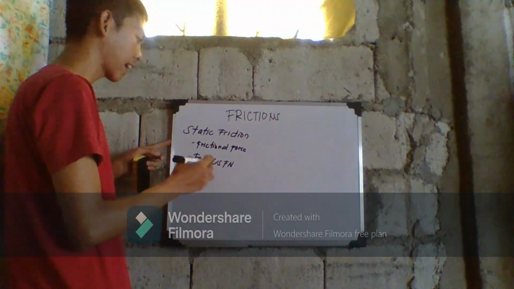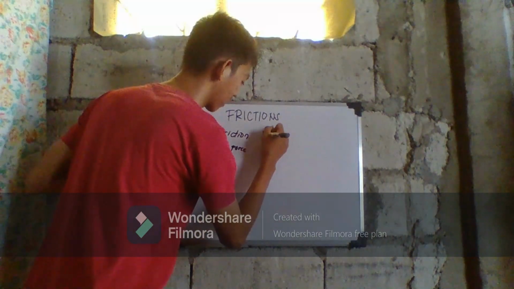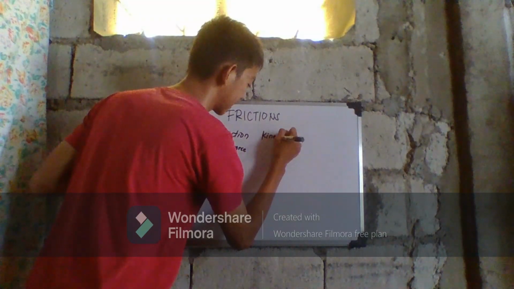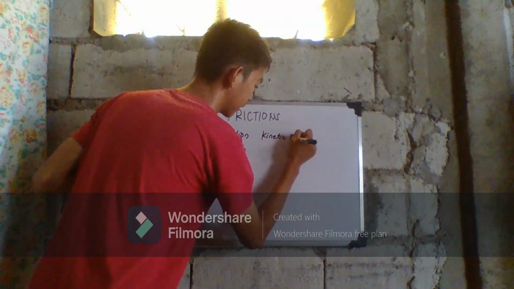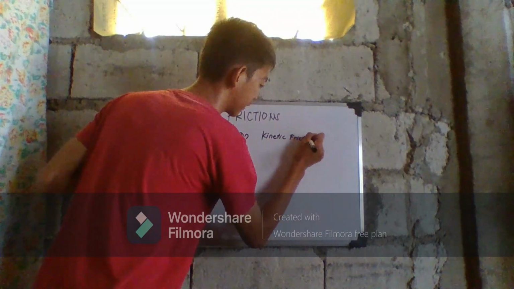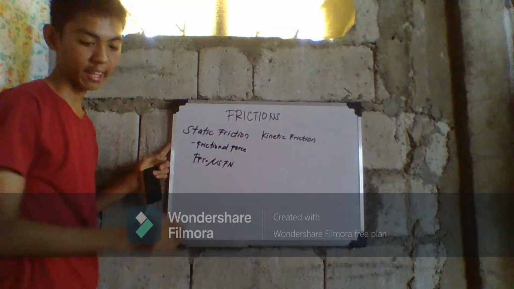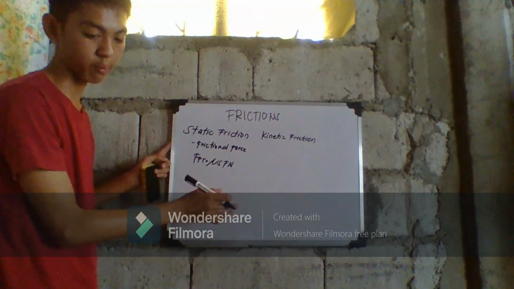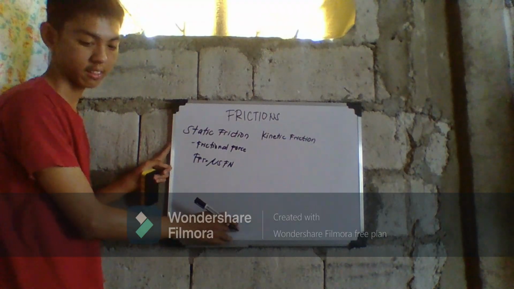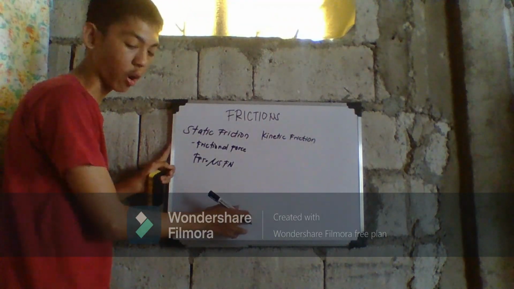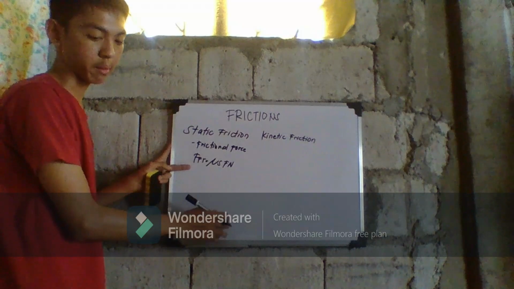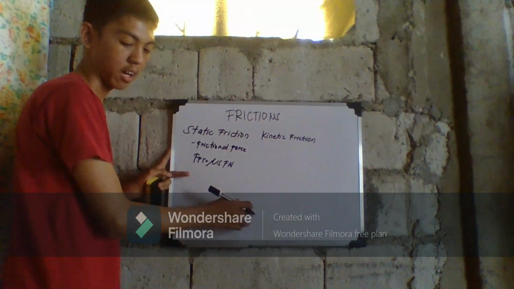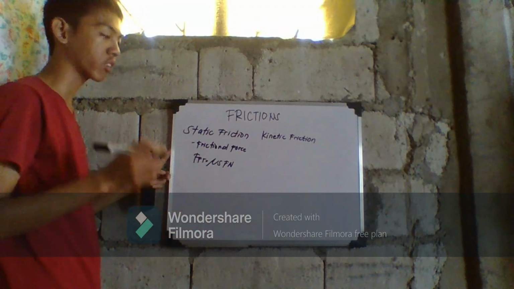Ang isa pa nating kind of friction, ito yung kinetic friction. When you say kinetic friction naman daw, ito rin ay nagpo-provide ng amount regarding the force between the objects para makapag-move siya relative to each other.